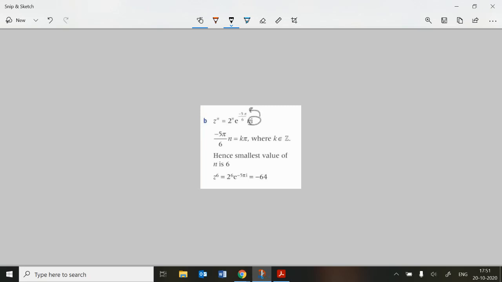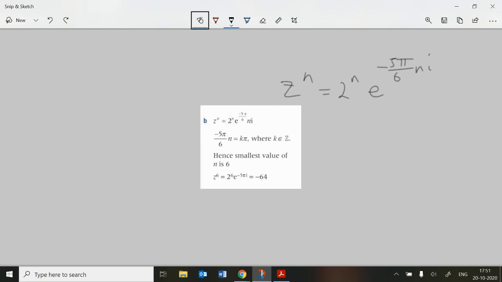So this should go up here. So this really should be z to the n equals 2 to the n e to the, and they've used minus 5 pi over 6 n i there. So perhaps a bit neater than how I wrote it. I used, of course, 7 pi over 6 instead of this one here.